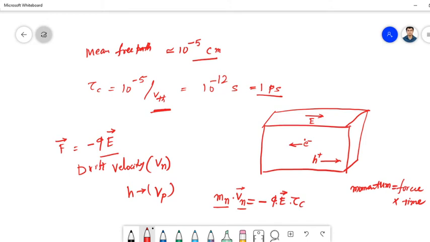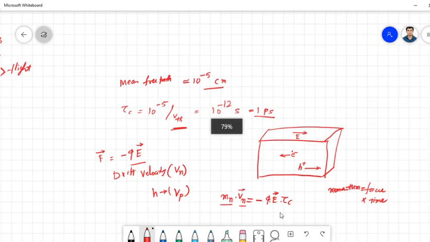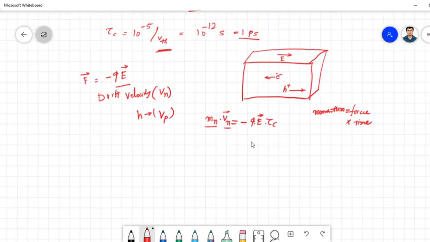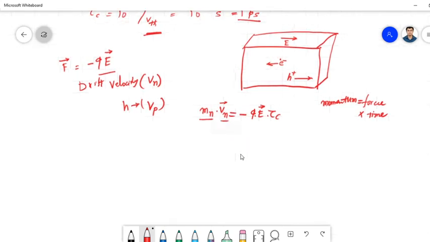Now from this equation you can easily calculate Vn. The value of Vn will be minus q into tau c over Mn, into the electric field. You can put this in brackets, and then the electric field.